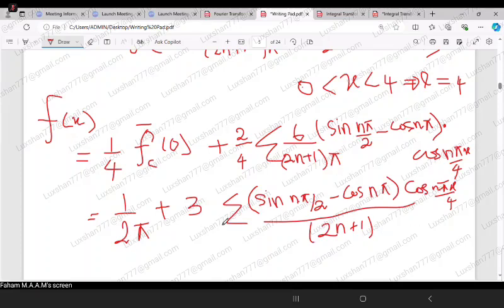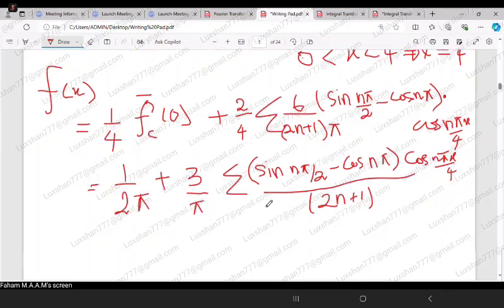You can take 5 also out. So that is the answer.